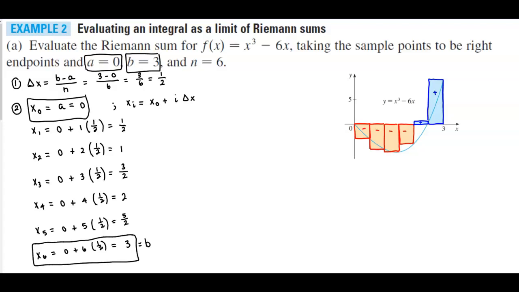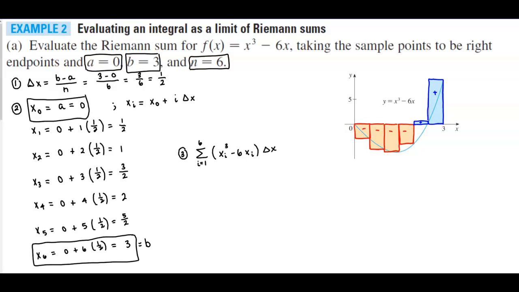Now in step number 3, we want to evaluate the summation. The summation is where i is equal to 1 going to n, which is equal to 6, of our function, which is x subscript i cubed minus 6 times x subscript i, times delta x.